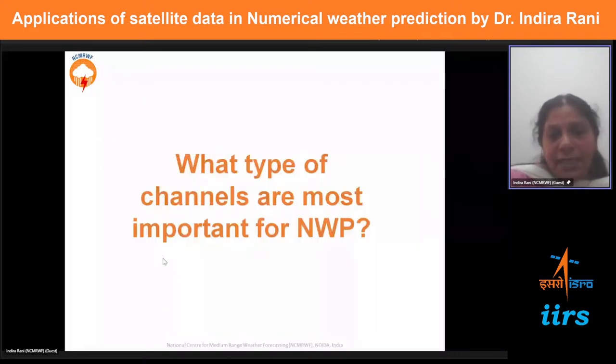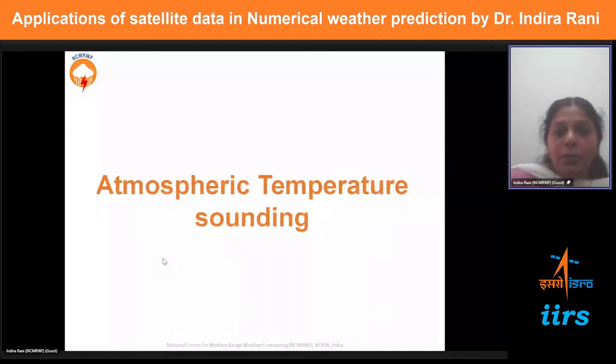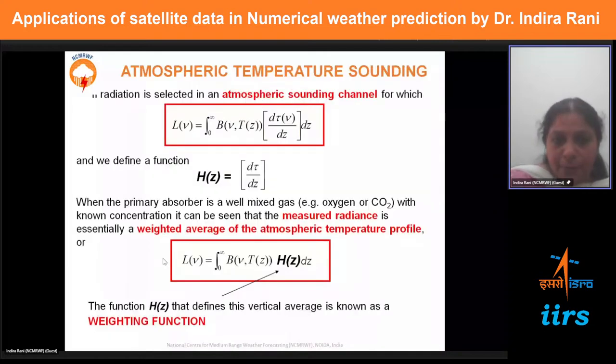We have seen that there are different types of channels: atmospheric sounding channels, surface sensing channels, and so on. Then what types of channels are most important for NWP? When we talk about NWP assimilation, which channels are more important? For NWP, atmospheric temperature sounding channels are more important.